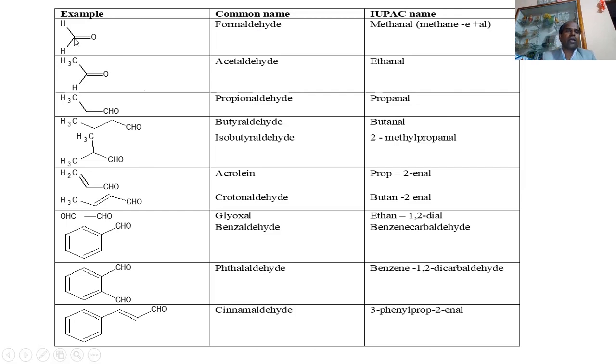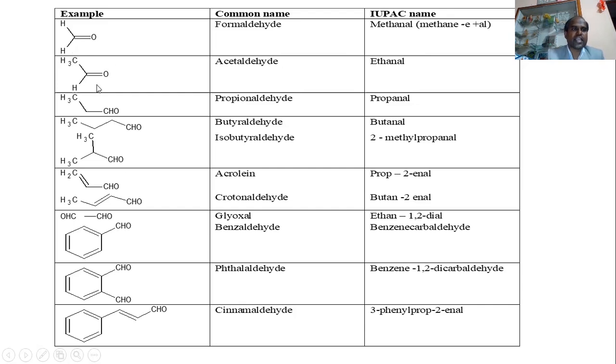Here only one carbon atom is present. That is the reason: the one carbon containing alkane is called methane, and the terminal E should be replaced with Al. Then it is called methanal. Methanal is the IUPAC name for this structural formula.